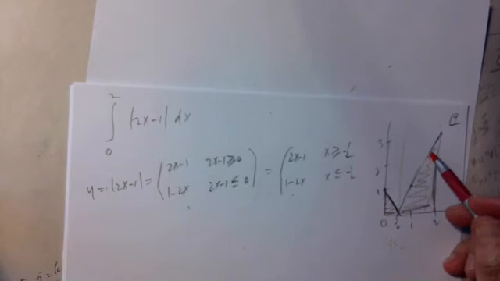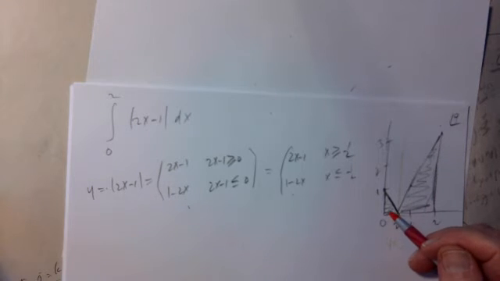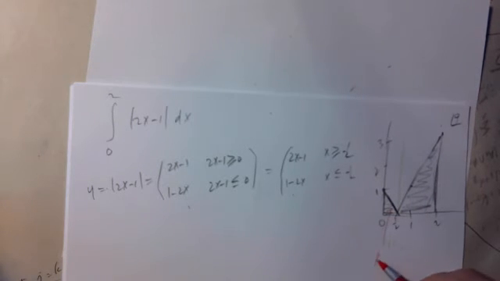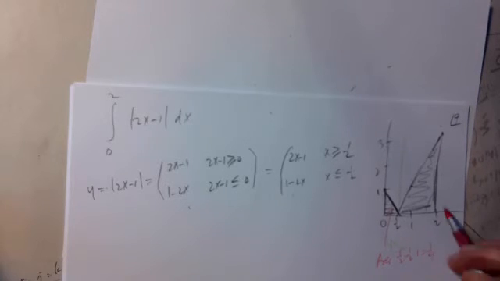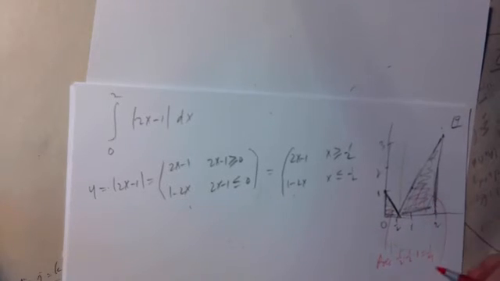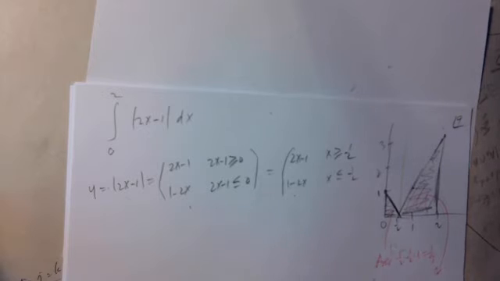Here, this function is always above the x-axis. So this little triangle has area a half the base times the height, which is 1/4. And this triangle has area a half the base, which is 3/2, times the height, which is 3, which is 9/4.